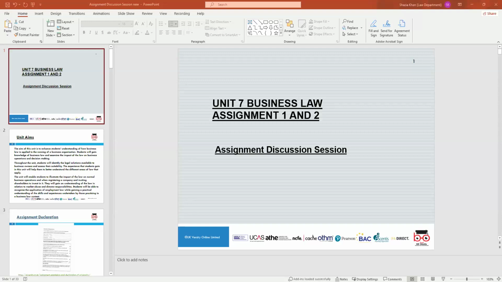In learning outcome 2, we had to illustrate the potential impact of the law on a business. So we looked at the impact of law, why it's so important for any business. We looked at contract, we looked at the formation of a contract, elements of a contract, and terms of a contract, why they're so important for a contract. And also we looked at breaching a contract as well.